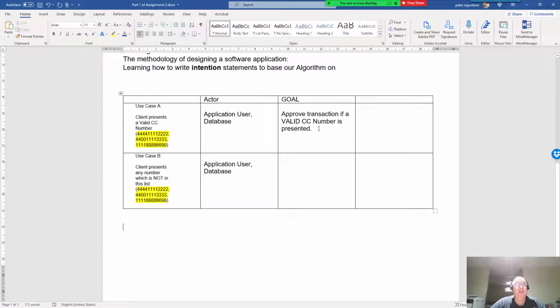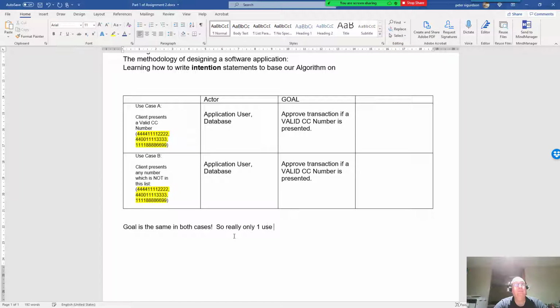So in both cases, the goal was the same, so there's only one use case here. So that means we just have one. So we can get rid of this thing, and now we can say the implementation or the scenario.